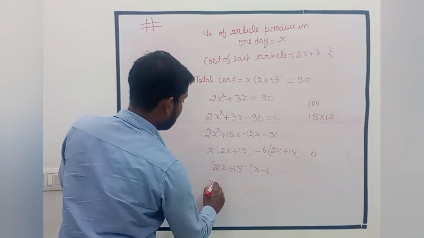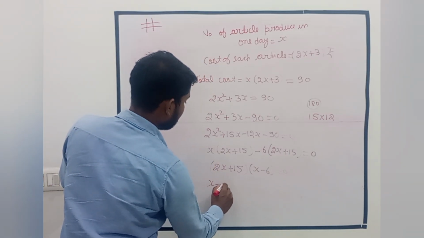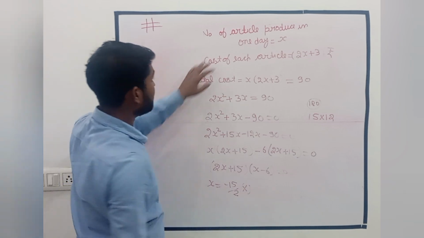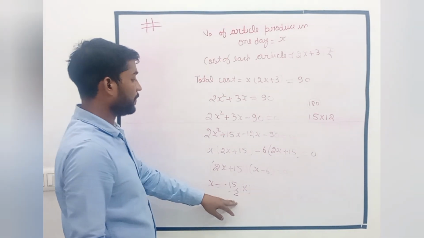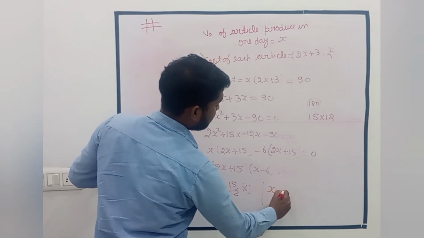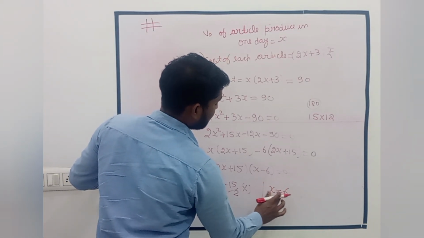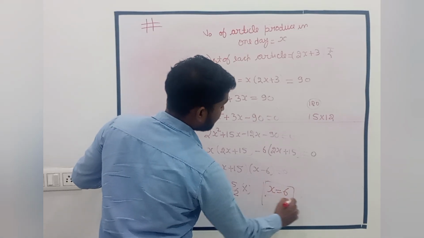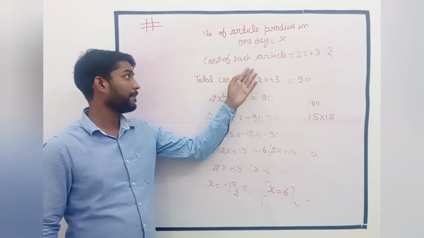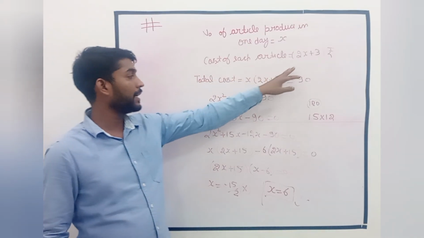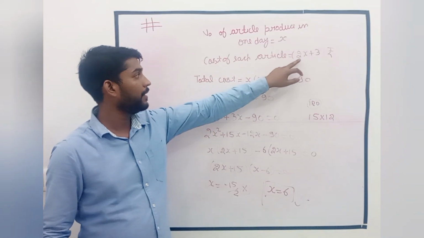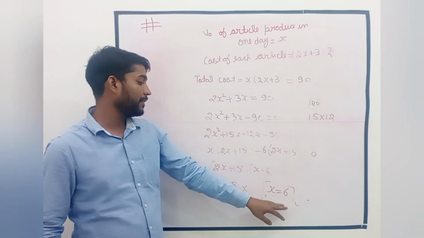From here x equal to minus 15 upon 2, which is not possible because this is a number of articles and it should be positive, so x equal to 6 is the correct answer. The number of articles is 6, and the cost of each article is 15 rupees: 12 plus 3 is 15.